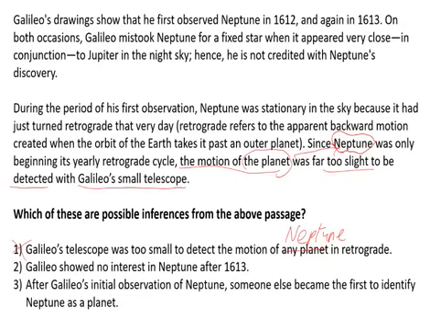Okay, so now let's look at number 2. Galileo showed no interest in Neptune after 1613. Well, let's scan the passage for where 1613 is mentioned. Okay, so we see 1613 in this first sentence, and we see that Galileo's drawings show that he observed Neptune in 1612 and again in 1613.